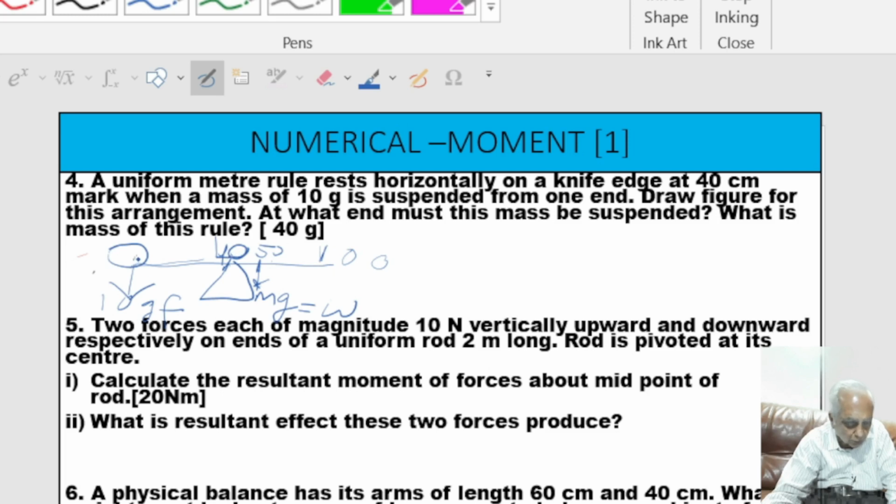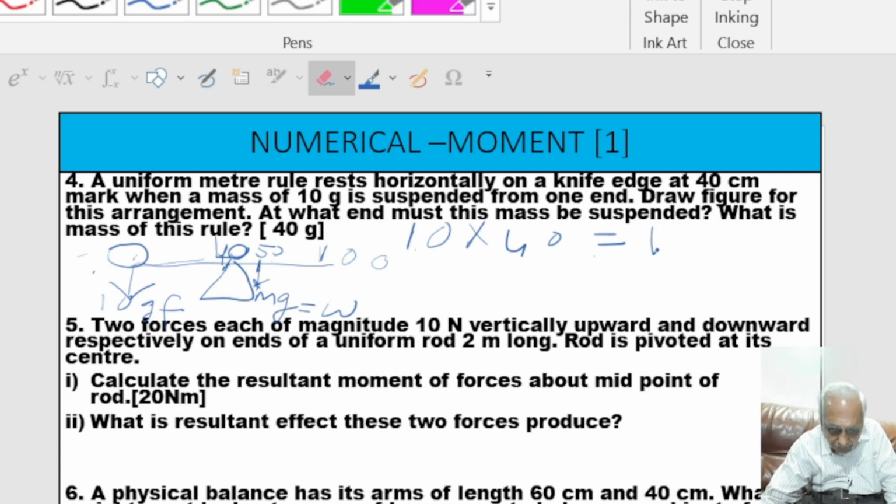The distance for the 10 gram force is 0 to 40 centimeter, so 10 into 40 equals W, the weight of the ruler, into its distance of 10 centimeters. The 10 gram force is 10 g, and the weight is mg, where g is acceleration due to gravity.